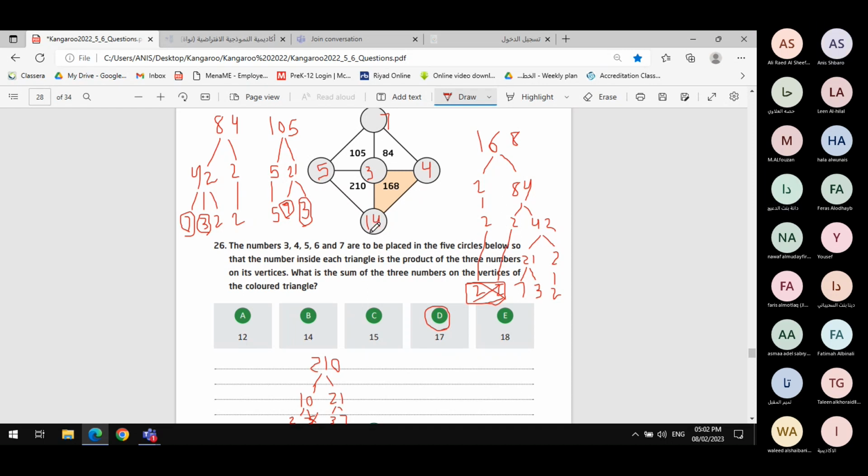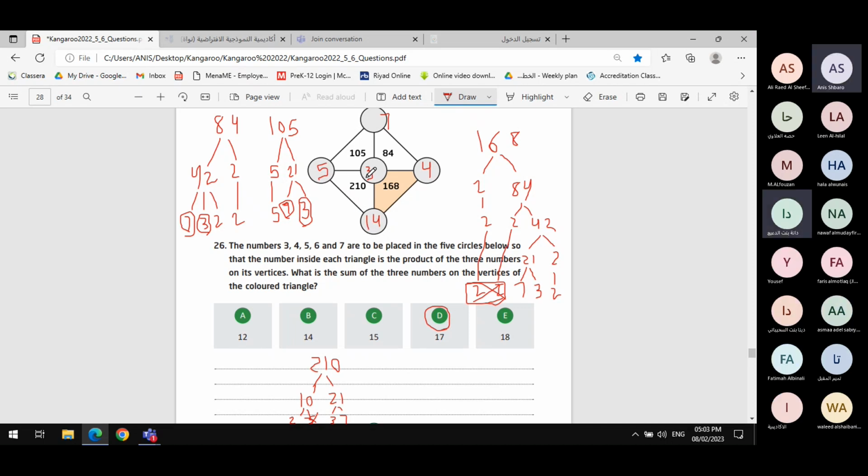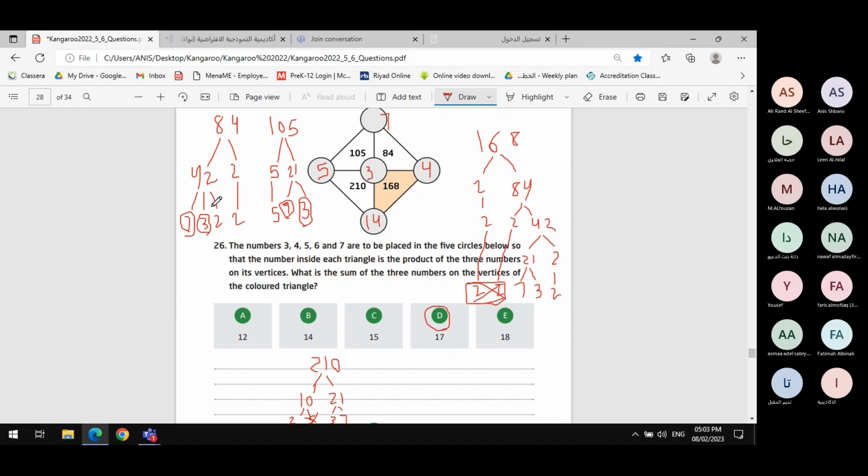Okay. 14 times 5 is 70, times the 3 is 210. And 3 times 7 times 5 is equal to 105. For 84, we have 7, 3, and 4. So all the choices are working here.